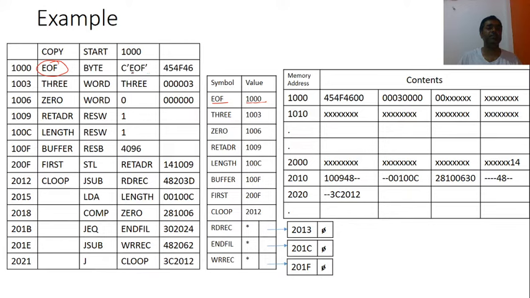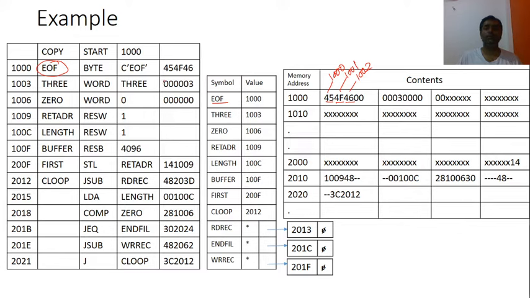Just write the ASCII value of EOF in hexadecimal, that will be 454F46. So at the 1000 address you can see 454F46 is loaded. This is at 1000 address, this one is at 1001 address, this one is at 1002 address.